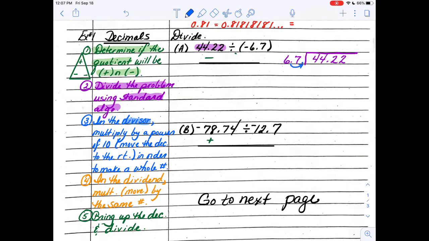When you move it one place to the right, you're making the number larger. So mathematically, what you're really doing is multiplying by a power of 10. If I want to move it one place, I multiply by 10. Two places, 100. Three places, 1,000. So I'm multiplying this by 10 to move it one place, and now it's 67 on the outside.